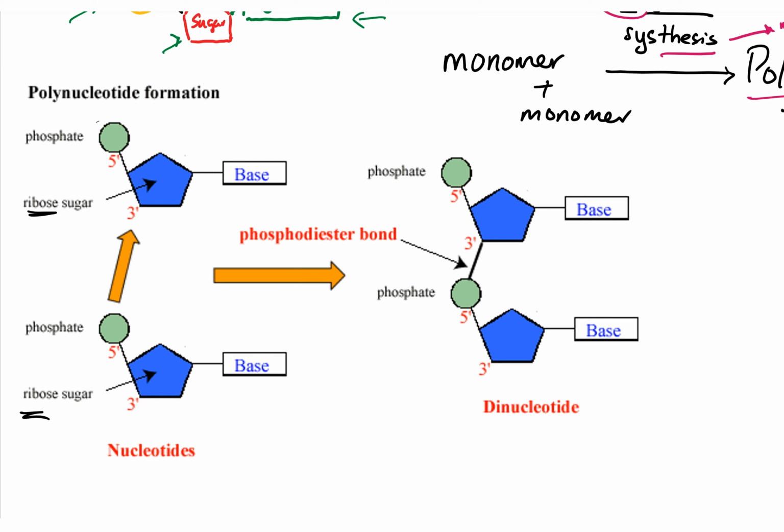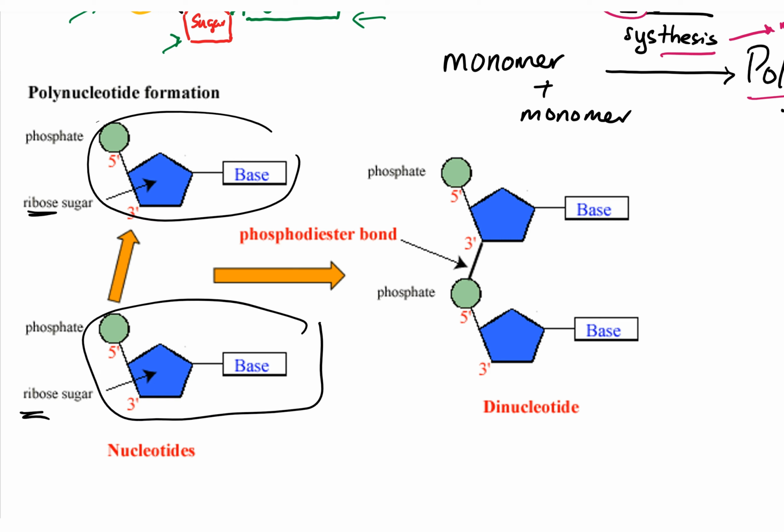When they want to form a covalent bond between these 2 nucleotides, they're going to combine together to form a covalent bond. This is a covalent bond. And since it is a covalent bond between 2 nucleotides, we're going to give it a unique name, much like the peptide bond or the glycosidic bond. The covalent bond formed between 2 nucleotides is going to be called a phosphodiester bond.